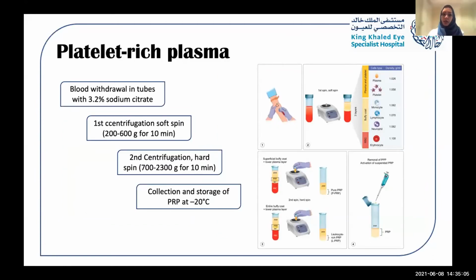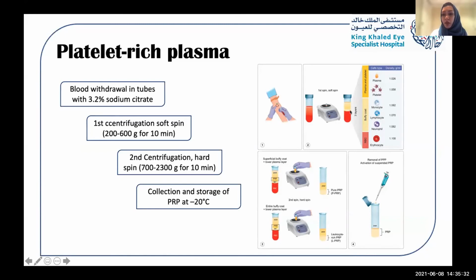Here again, they need to withdraw the blood in a tube with sodium citrate that prevents coagulation. They did centrifugation first, gently. This separated the blood into 3 layers. The upper part is composed of plasma with some platelets. The white part, or the buffy coat, contains white blood cells and the red cells.